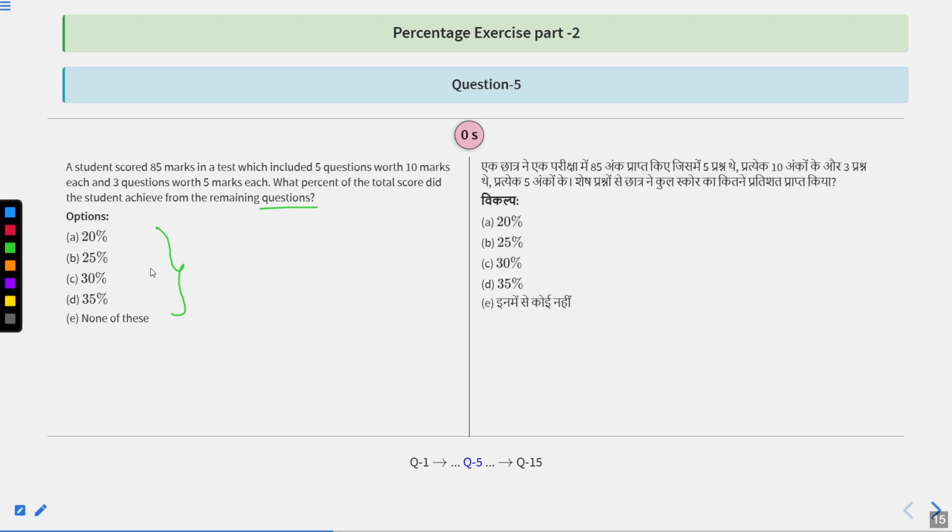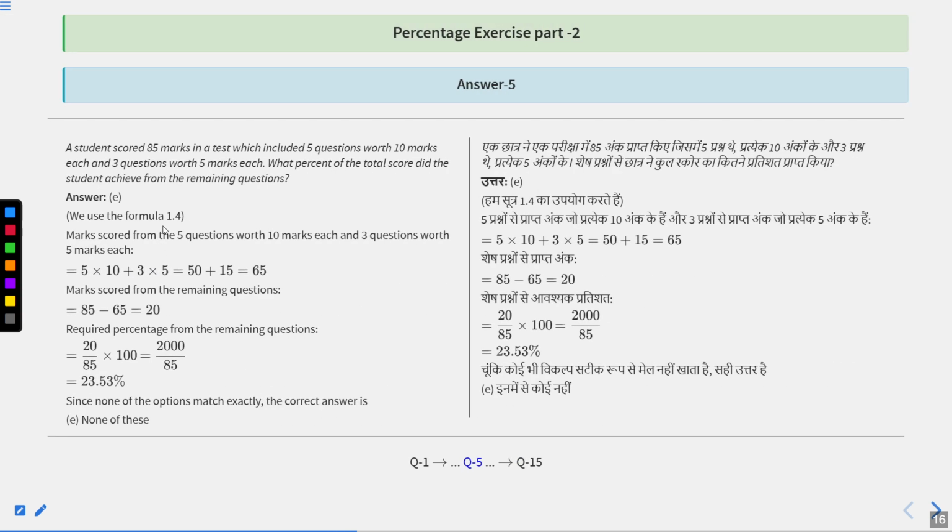Now time's up. Let's see the solution. Marks scored from the 5 questions worth 10 marks and 3 questions worth 5 marks each. So when we calculate it, 5 into 10 plus 3 into 5, which is 50 plus 15, total 65. Now, marks scored from the remaining questions is 85 minus 65, which is 20.